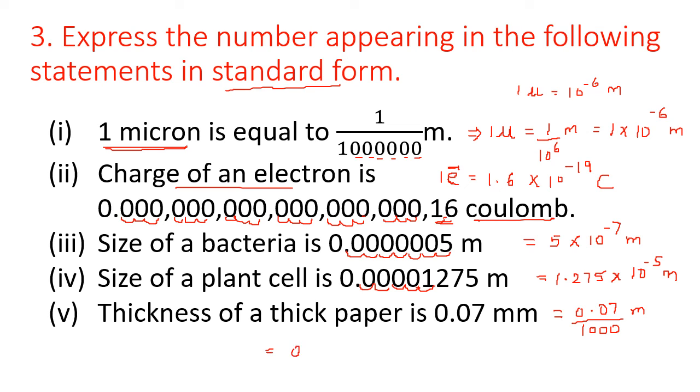So this becomes 0.00007 meter, or I can write it as 7 into 10 raised to minus 5 meter. In millimeter it is 7 into 10 raised to minus 2. In meter it is 7 into 10 raised to minus 5 meter.